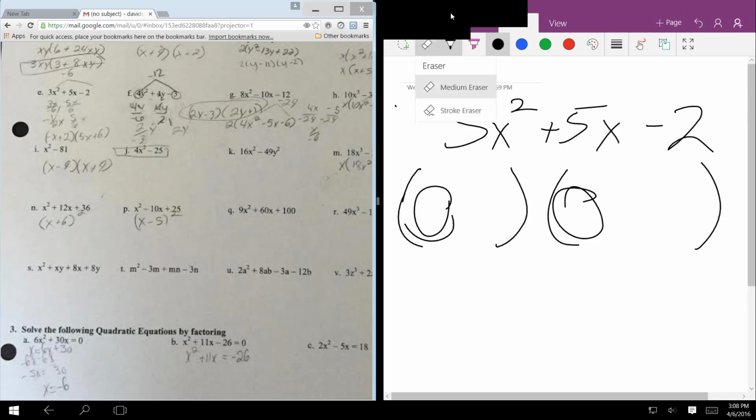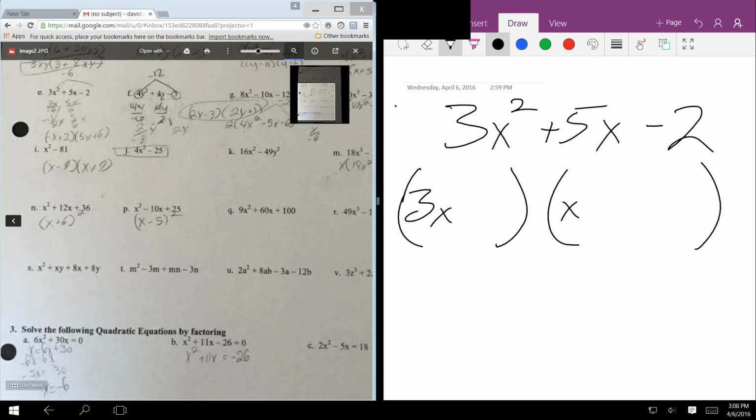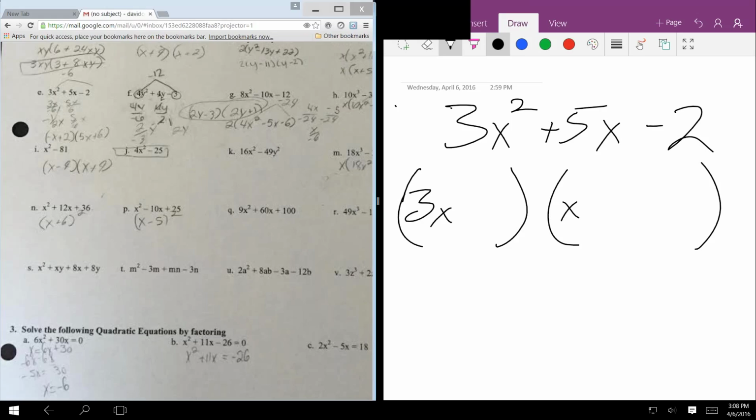Well, it's got to be 3x and x. In other words, that's the only way to factor that first term. Now, it could be x here and 3x over here, but that's not important. What do the signs have to be, the same or opposite?